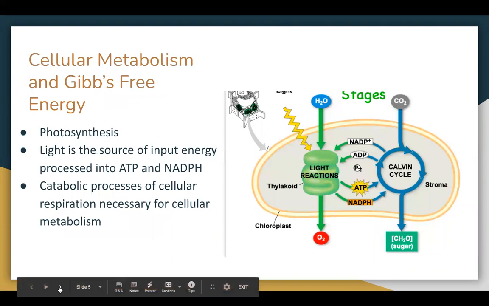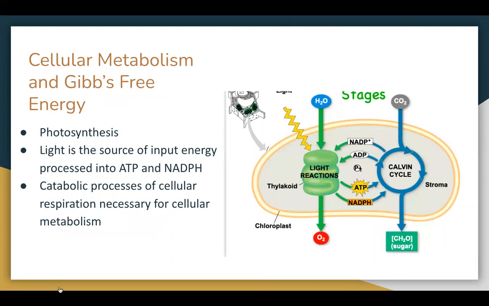Cellular metabolism and Gibbs free energy. You can see how Gibbs free energy works in photosynthesis as a metabolic process. Again, light is the source of input of energy, and that's what makes the delta G positive.